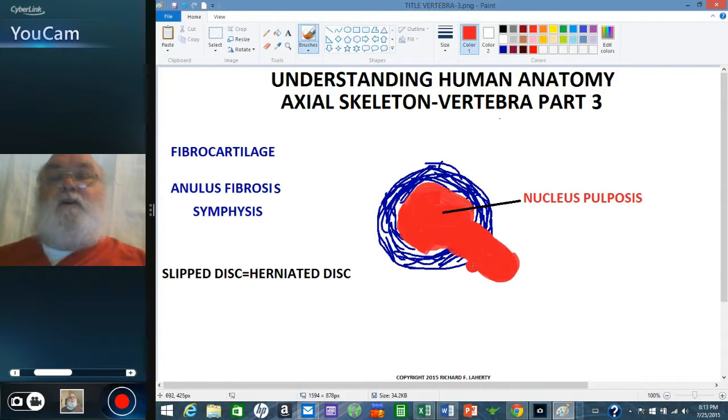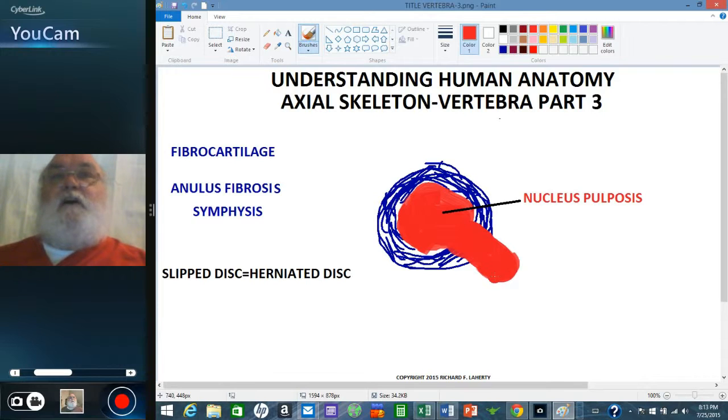And the structure that's closest with the vertebra are the spinal nerves. So when someone has a herniated disc, the nucleus pulposus oozes out and puts pressure on the nerves, and that causes pain in the back. And you feel pain radiating down the leg generally, since it's lumbar vertebra that most likely herniate like this. So that is a herniated disc.